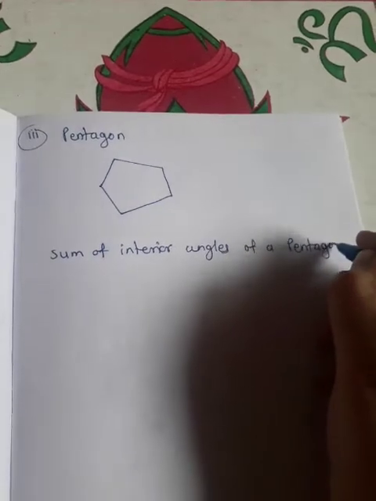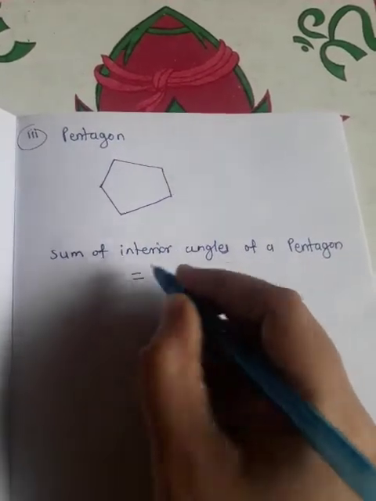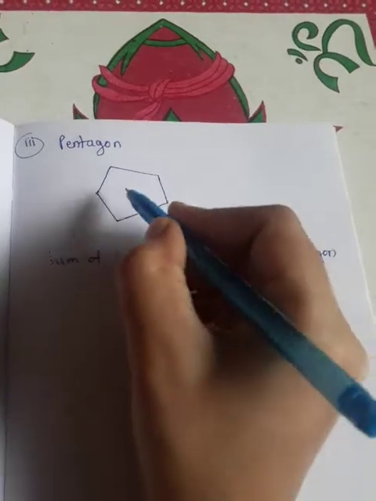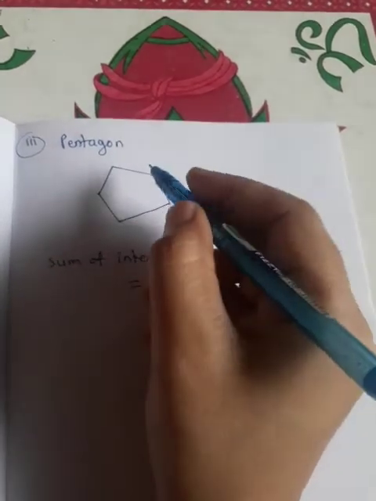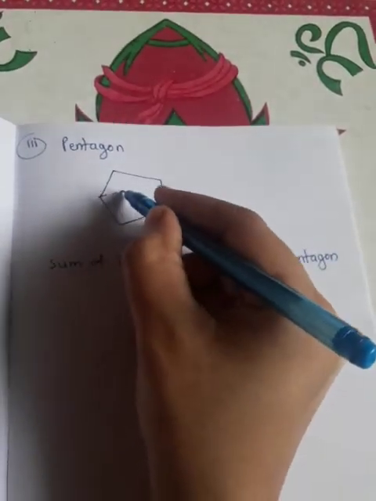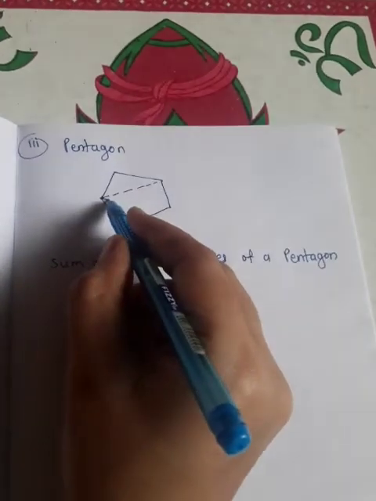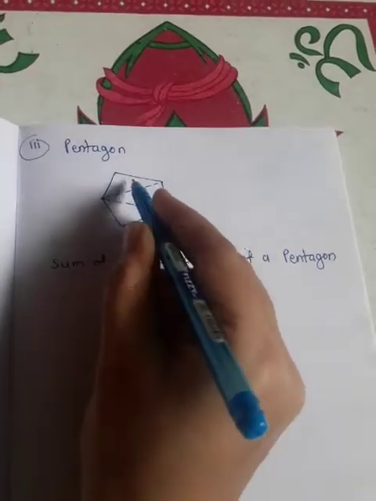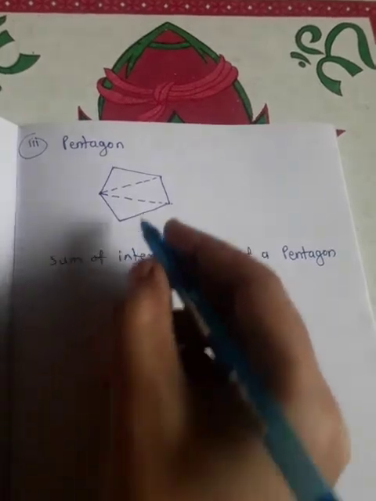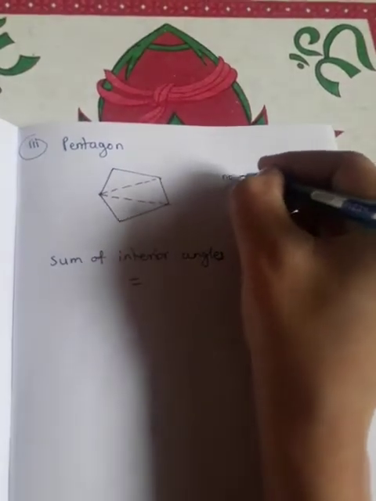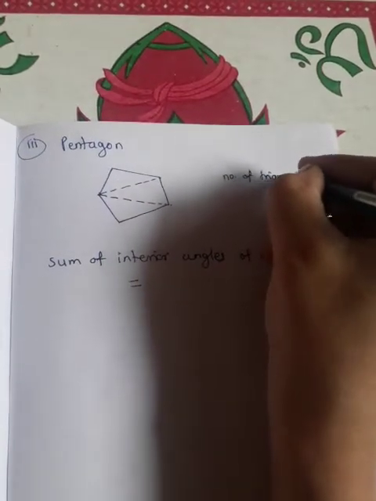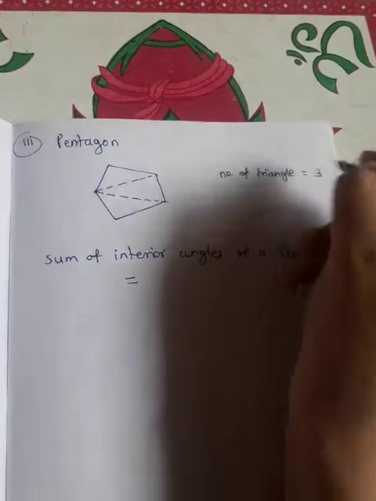To find that, first divide this pentagon into triangles. How many triangles can we make? We can make 1, 2 and 3 triangles. So the number of triangles in a pentagon is 3.